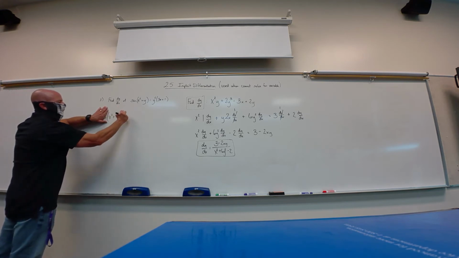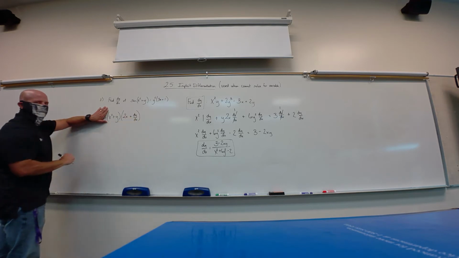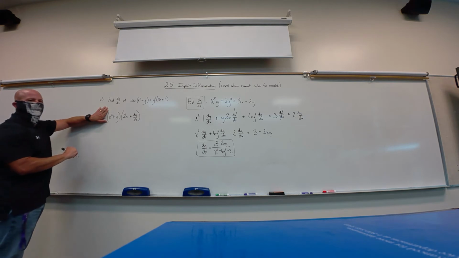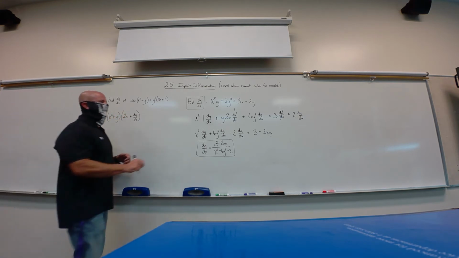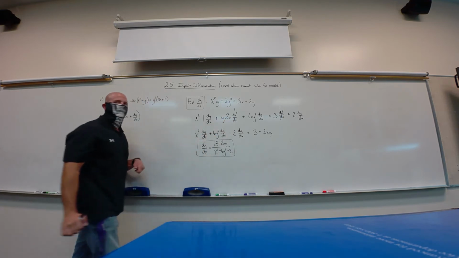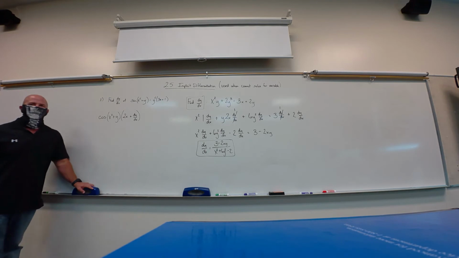X squared is 2x. Y is dy/dx. And I know technically x squared is 2x dx/dx. We saw how they canceled out. Because y would just be 1 dy/dx.